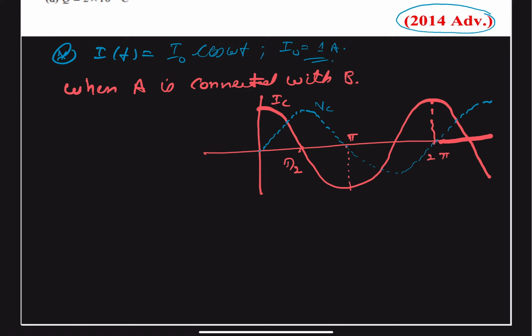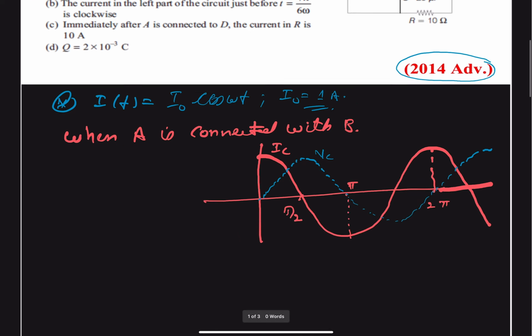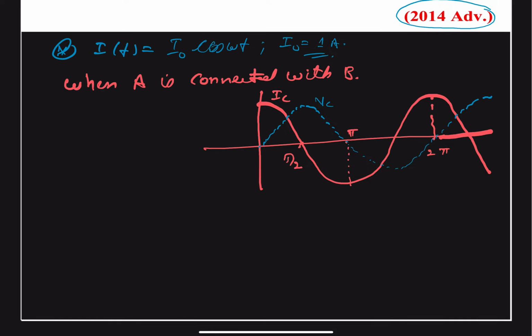And we are going to check the option A. In option A, it is said that the magnitude of maximum charge on the capacitor before t equal to 7 pi by 6 omega is 1 into 10 to the power minus 3 coulombs. So we are given I(t) equal to I naught cos omega t, and we are supposed to find out the charge. We know the relationship between current and charge: current is equal to dq upon dt.